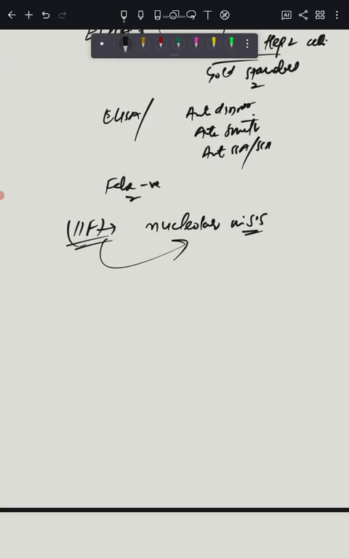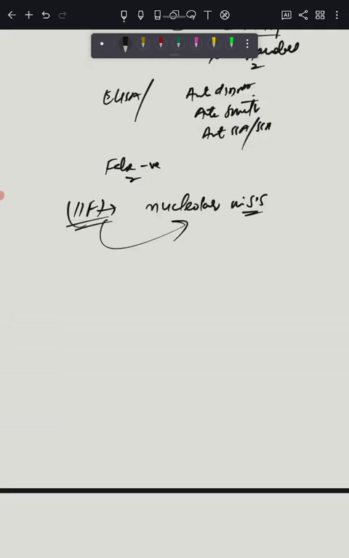And many guidelines, be it ACR, EULAR, or SLICC, recommend that first-line ANA be done by indirect immunofluorescence. Then confirm specific antibodies, that is double stranded DNA, Smith, SSA, SSB, by ELISA or immunoblot.